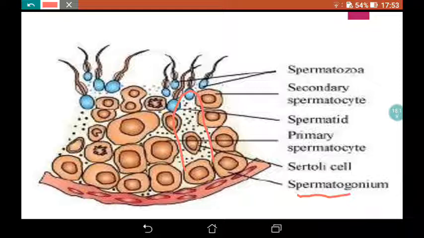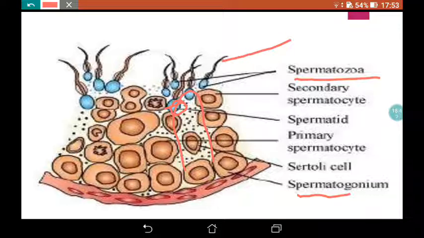Because of that, this spermatid, just look here, pierces inside the Sertoli cell to feed on the concentrated testosterone, and after that it gets converted into this spermatozoa. This is the spermatozoa.